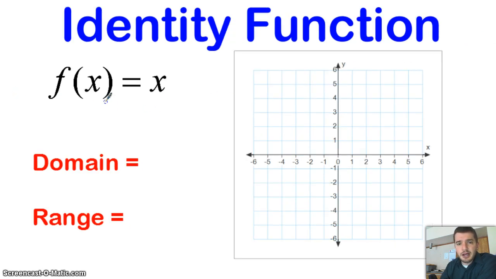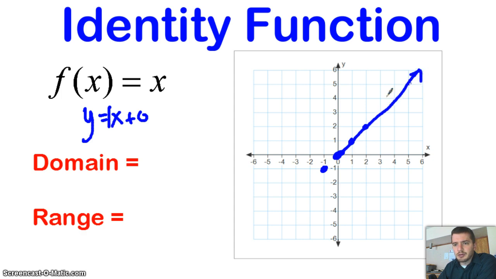The identity function is f of x equals x. This is the same thing as y equals x. So it's just a line with a slope of 1 and the y-intercept at 0. So start at 0, go up 1 and over 1. Go down 1 and over 1 as well, and here you go, something like that, except better because I can't draw a straight line.